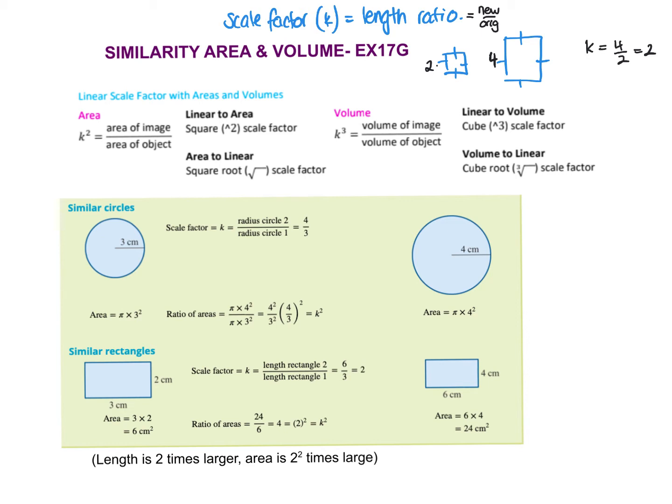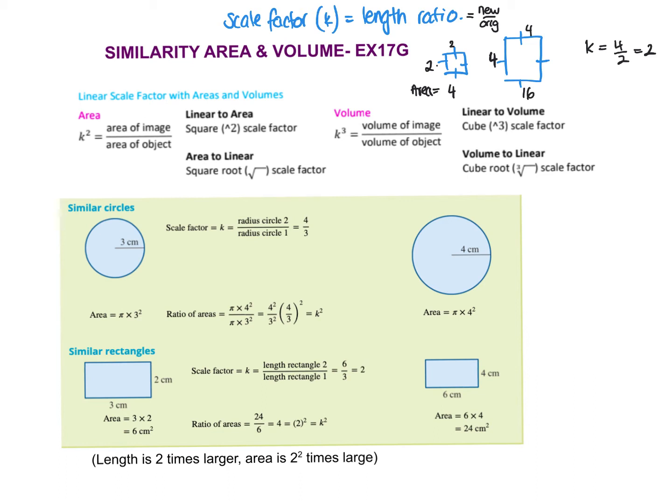Now, if you think about the areas of these squares, remember the area is length squared. So this one has an area of 2 times 2, which is 4, and this one has an area of 16.